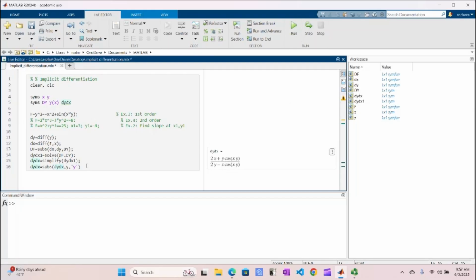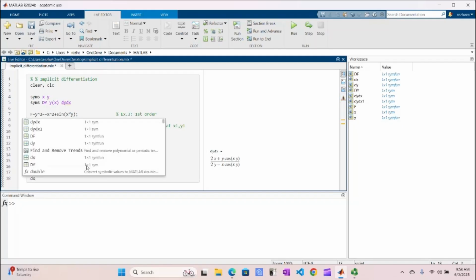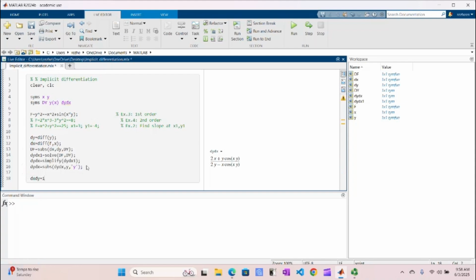Okay, so if we wanted to do, let me show you dx/dy really quick also. So let's go ahead and comment this. If you want to do dx/dy, all we have to do is say dx/dy equals 1 over dy/dx. It's just a reciprocal of this last code. So if we run this, we should get the reciprocal of each other.